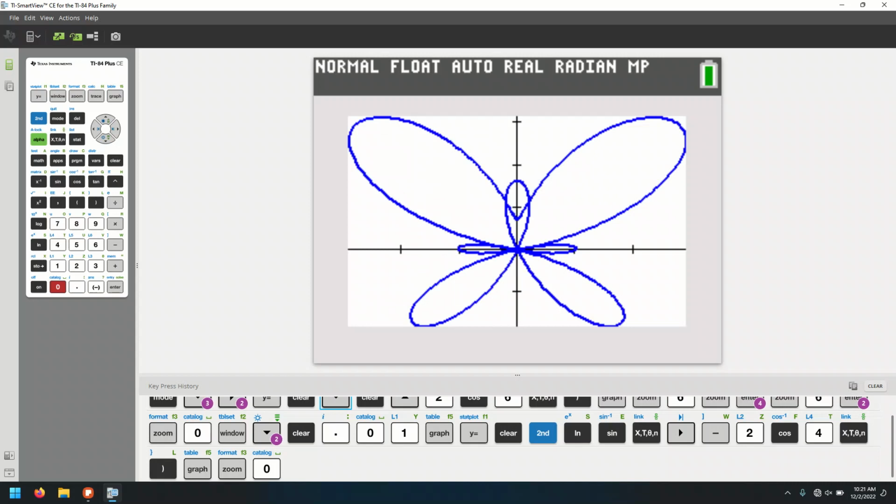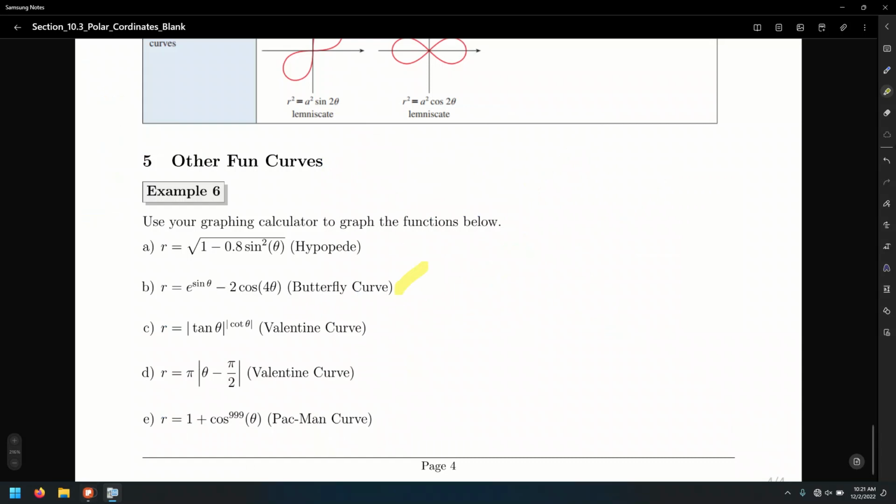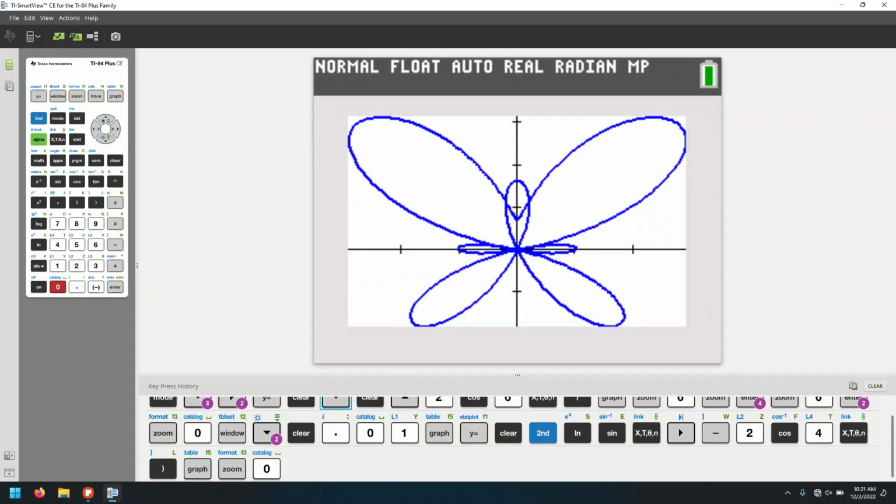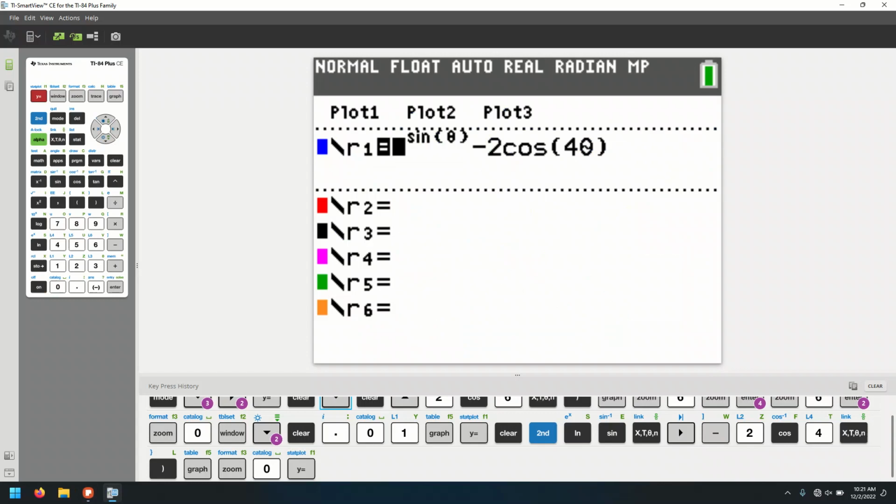There's a bunch of pretty cool stuff that you can find online, like graphs of even Valentine curves, Pac-Man, which I have over here as well. So there's this Valentine curve. Let me type that one. That one's a little tricky to type because of the functions involved, tangent and cotangent, and also the absolute value bars.